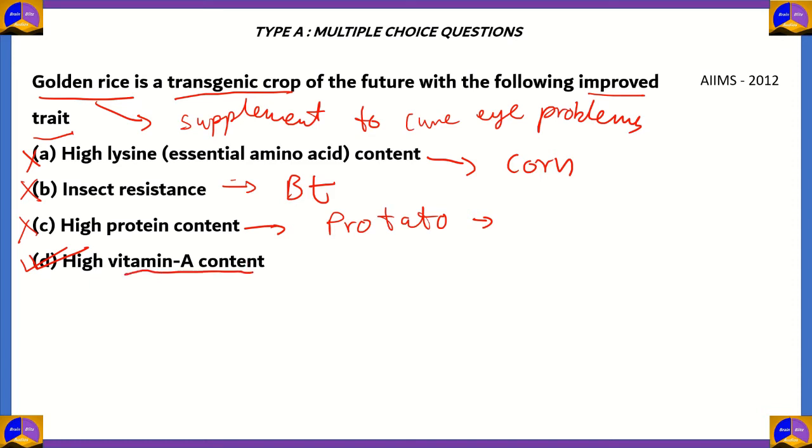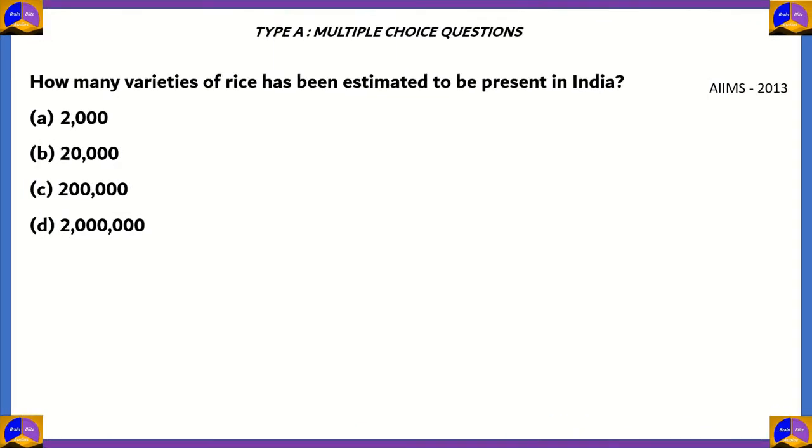So the right option here is option D, high vitamin A content. Since golden rice is used for curing eye problems, high vitamin A content must be present in golden rice in order to do so. That's why option D is the correct option.